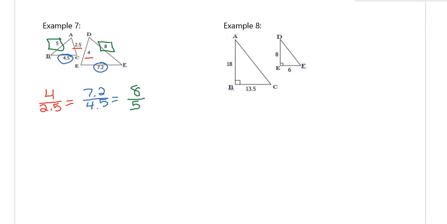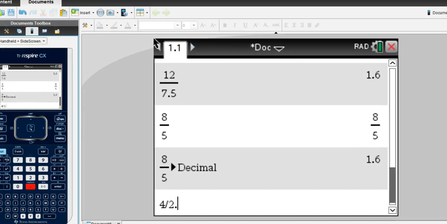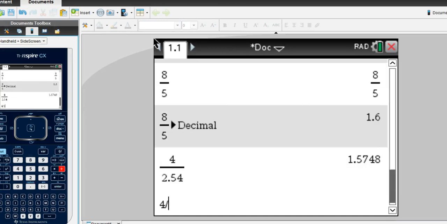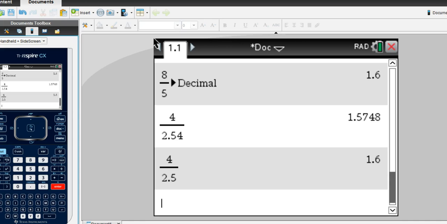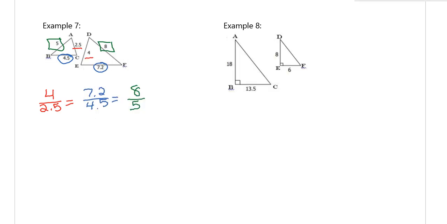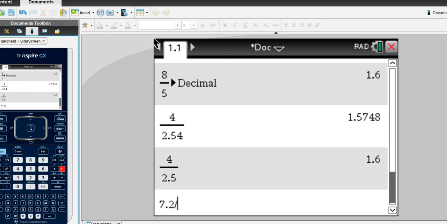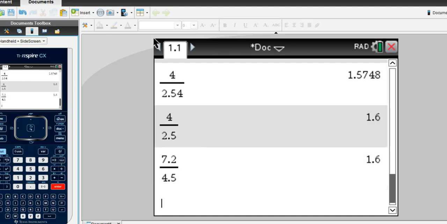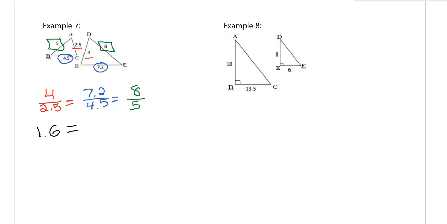So 4 divided by 2.5 is 1.6. 7.2 divided by 4.5 is 1.6. And then 8 divided by 5.